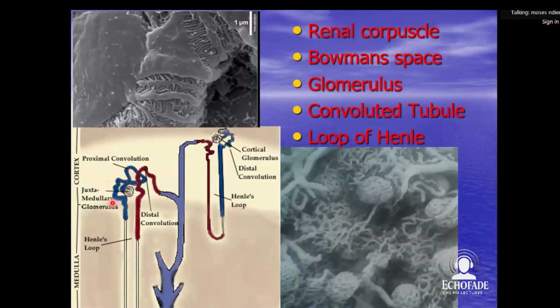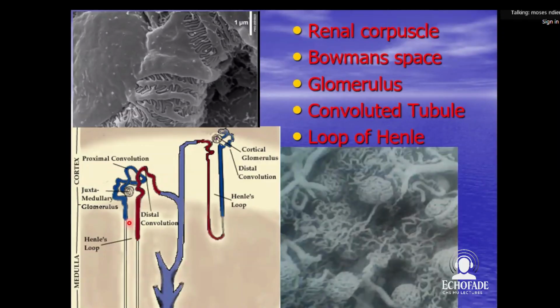The thick parts are similar to the proximal convoluted tubule. The thin ends are lined by simple squamous epithelia.